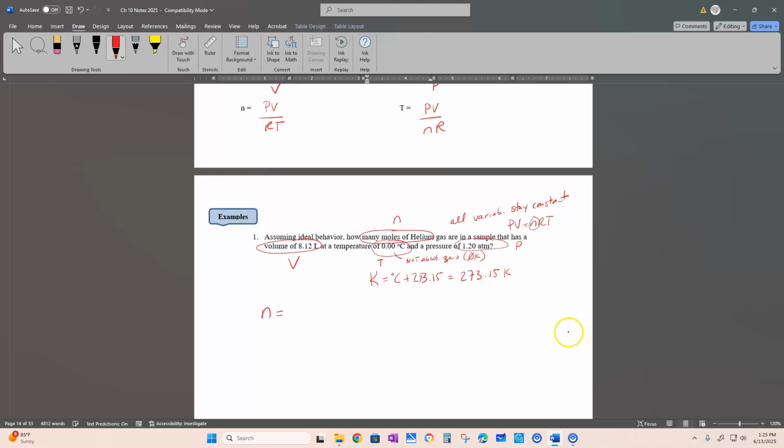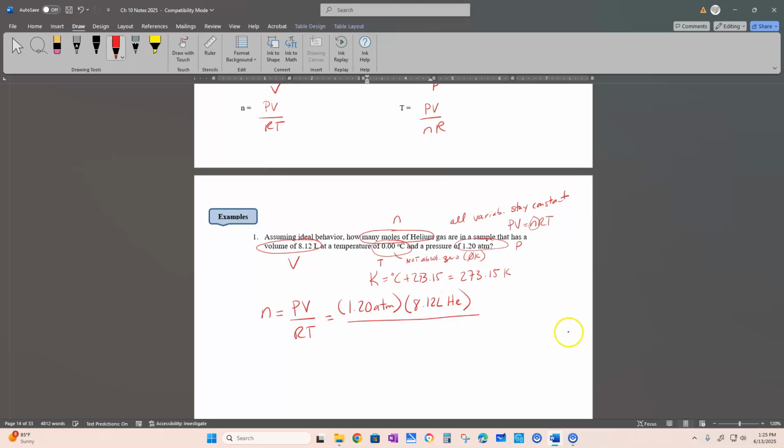So moles is PV over RT. So let's write it out first. For helium, usually we would put it next to the value for mole, but because we don't, you could put it next to pressure or volume. I'm going to put it next to the volume, but it should be listed somewhere in there.